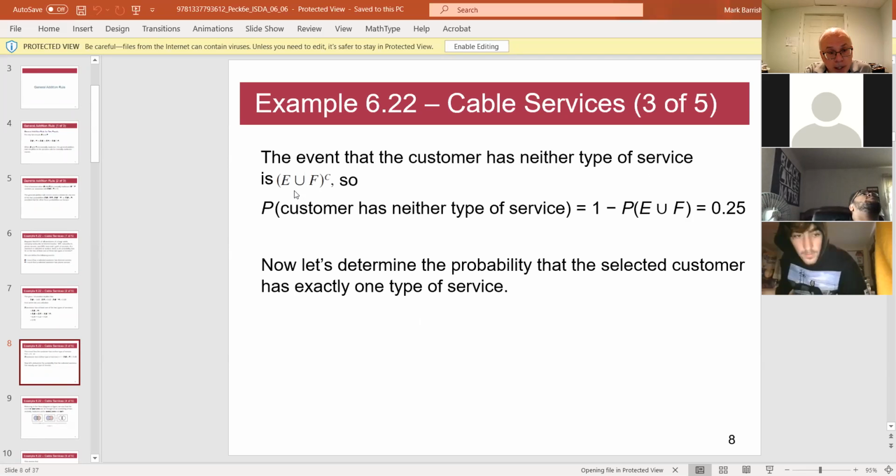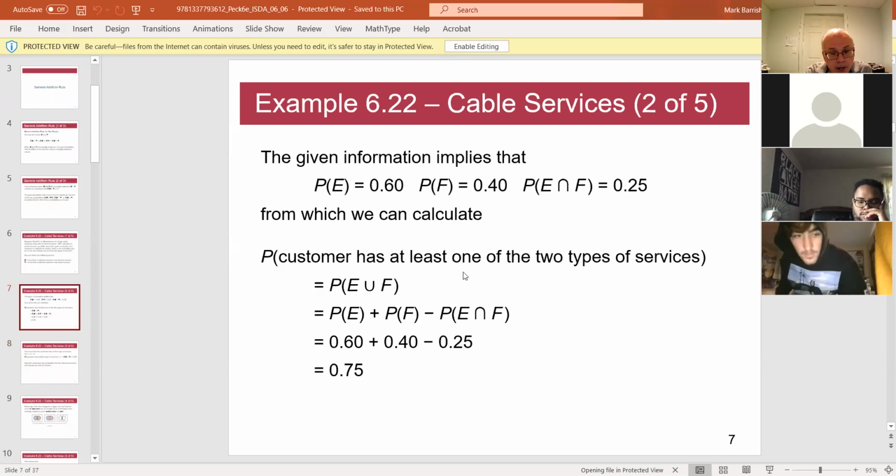That's what I just said. E union F means internet or telephone, and if the person has neither one of them, it would be not (E or F). So it would be 1 minus 0.75, which is 0.25.